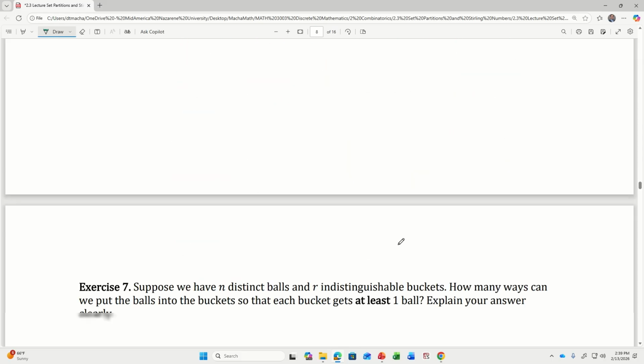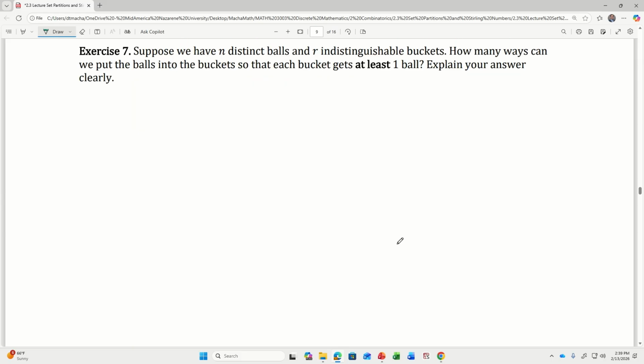Let's try another one. Suppose we have n distinct balls and r indistinguishable buckets. How many ways can we put the balls into buckets so that each bucket gets at least one ball?